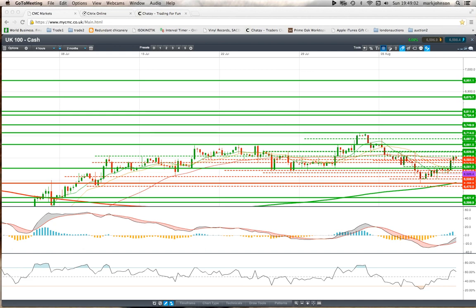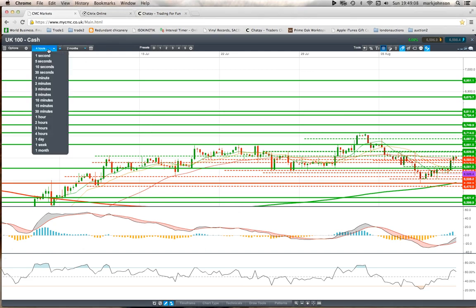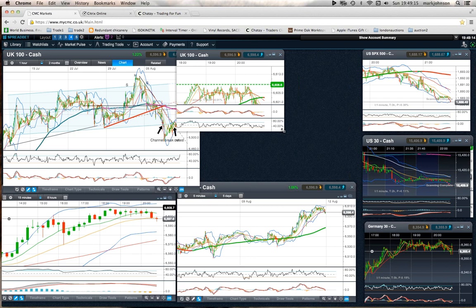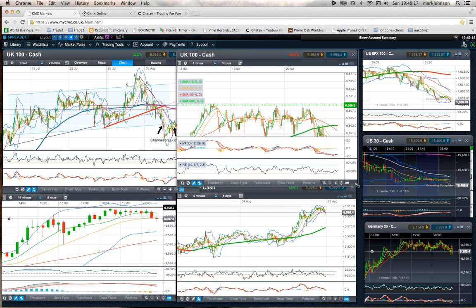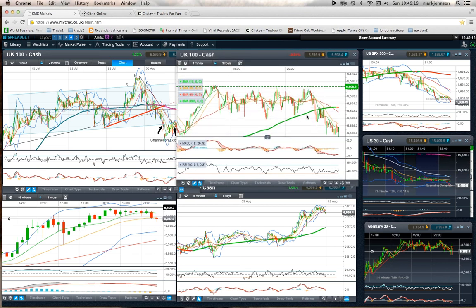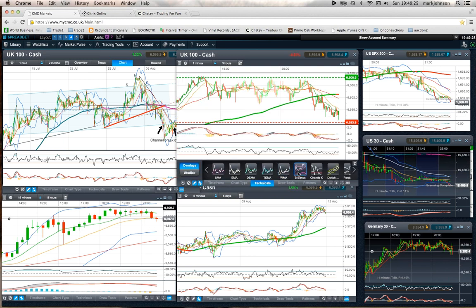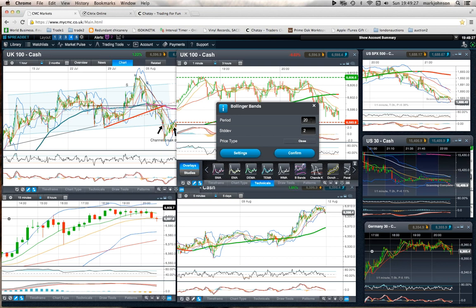Okay, anything else? Well, like I say, this level chart, I only ever look at this on a 1 minute. This is the chart I trade from. Technicals. And the other thing I use is Bollinger Bands.